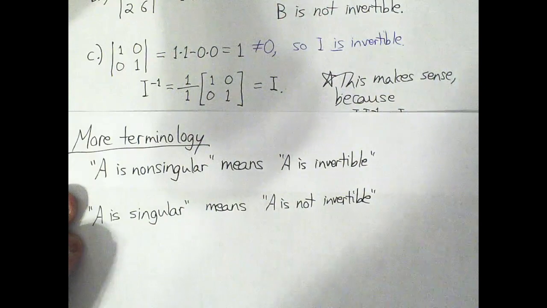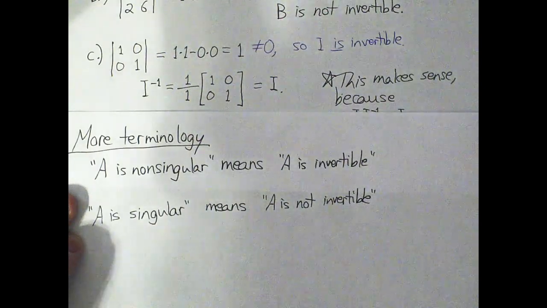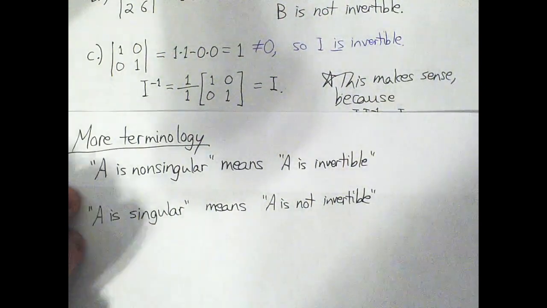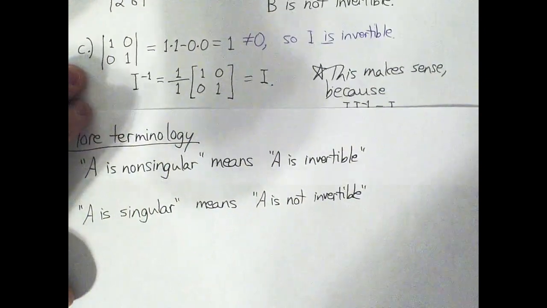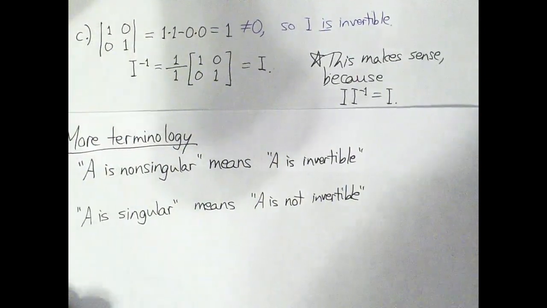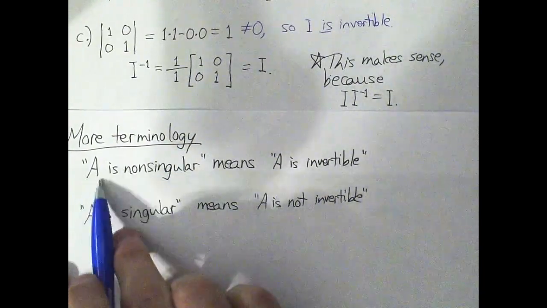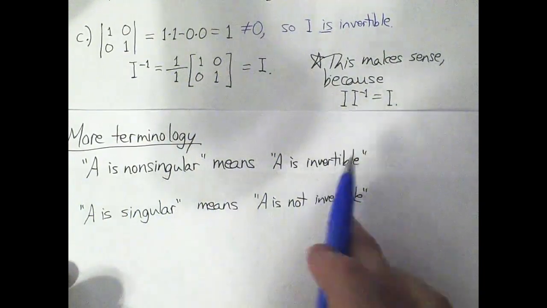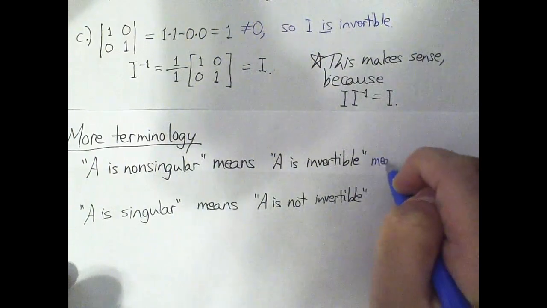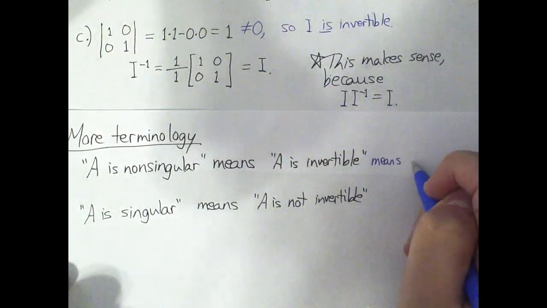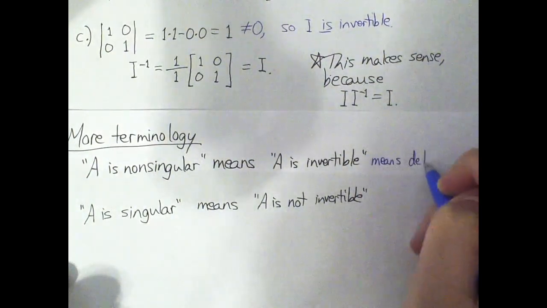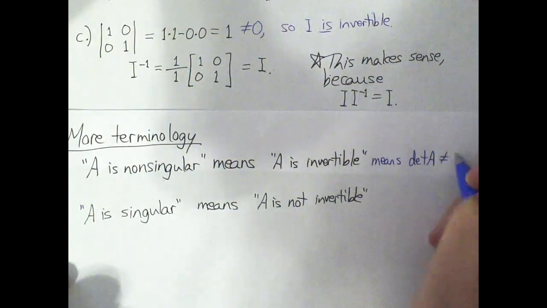What's another way that we could think of this? How about in terms of the determinant? I'm going to write this in blue. A is non-singular means A is invertible, means the determinant of A is non-zero.